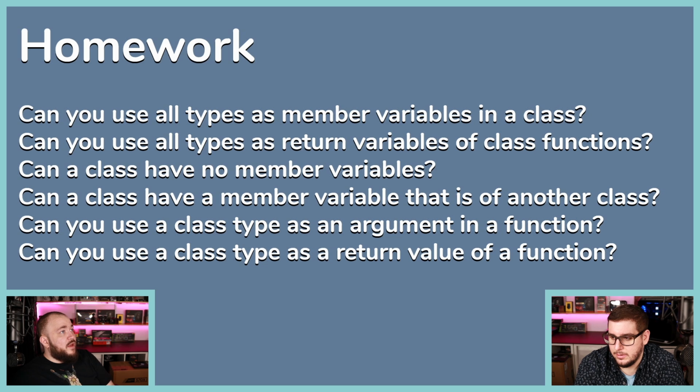Let's say henchman. You would make a class called henchman. And henchman would have one of its variables, maybe it has health, maybe it has damage, and then it would have enemy, worst enemy. Like this henchman, this is his worst enemy. So you have another class as a member variable.